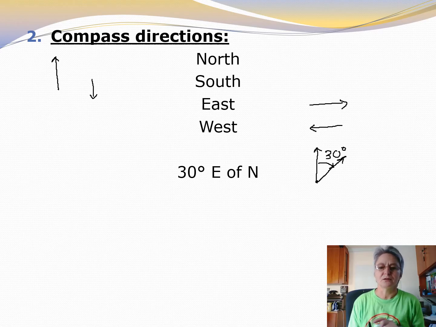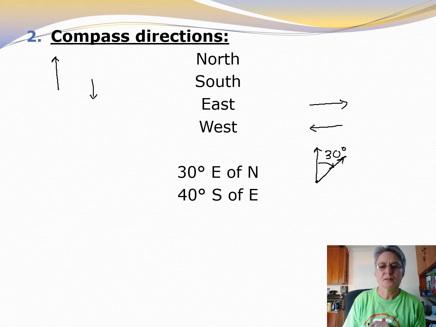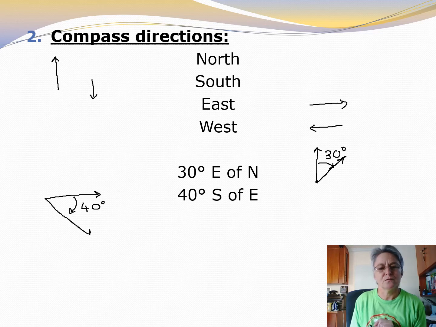So that's the direction 30 degrees east of north. 40 degrees south of east means that you're looking east and you turn your face 40 degrees towards the south. So the angle that this direction is making is 40 degrees south of east.